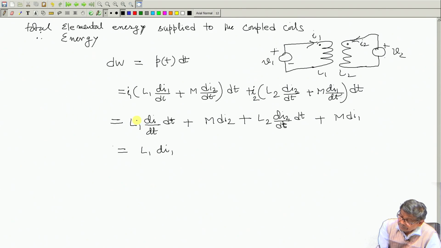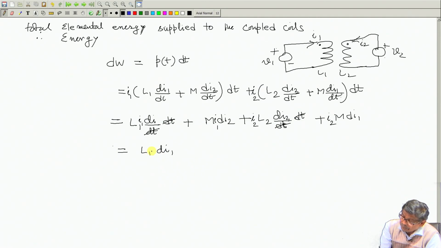So, I1 will come here, and also here I1 will come, and also here I2 will come, and I2 will come, isn't it? Now, this dt goes, cancel them out.